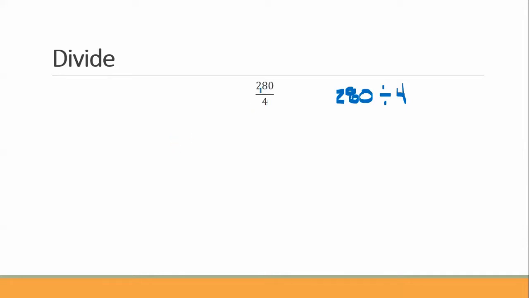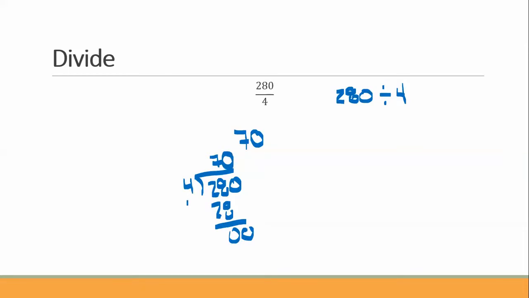There's a couple different ways you can do it. 4 goes into 28 7 times, and so it would be 70. Or you can do it by long division. 4 goes into 28 7 times, multiply down, and we have 28. Add 0, and this extra 0 we just need to add here.